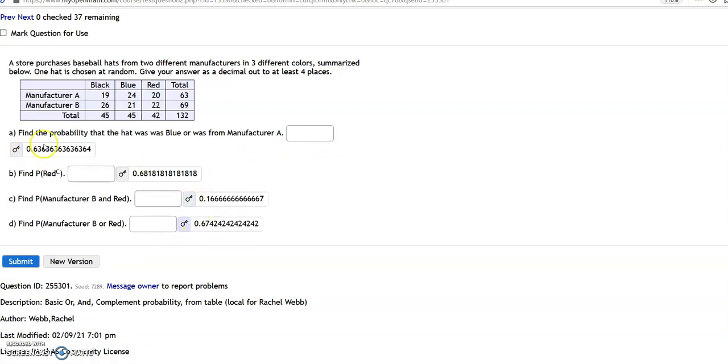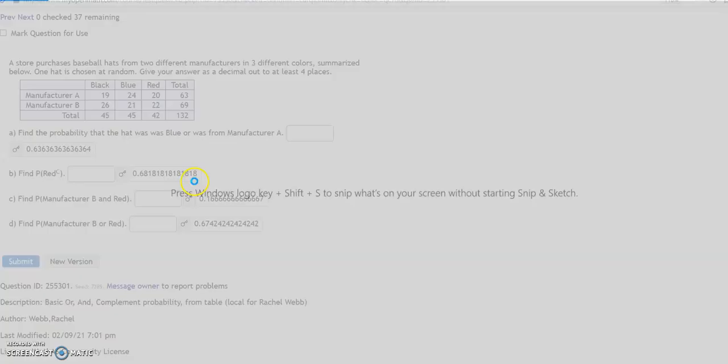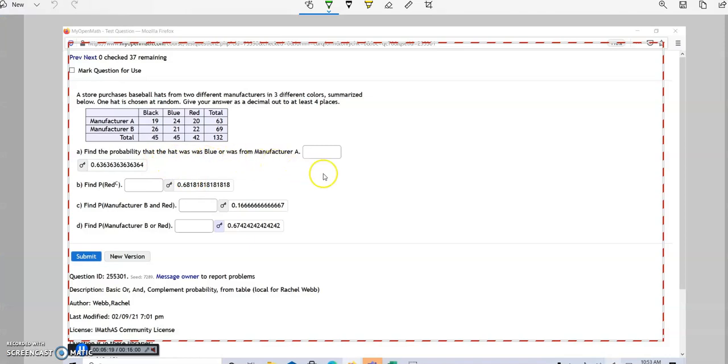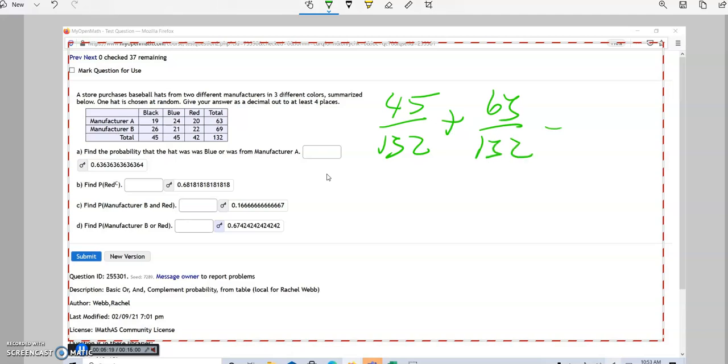I guess we'll do this whole thing, but I want to specifically point out that one there, the part B. Okay, blue or A. Remember, blue or A is A plus B minus both. So blue is 45 out of 132 plus A is 63 out of 132 minus both blue and A, which is right here, 24 out of 132.